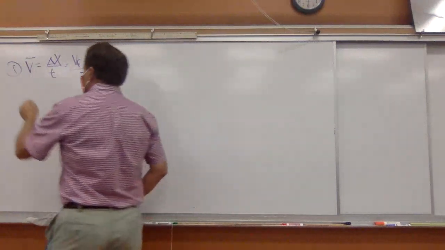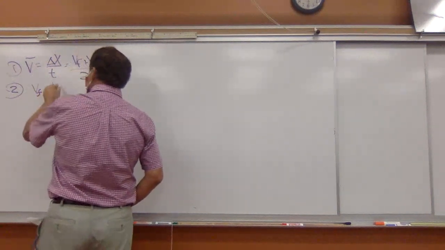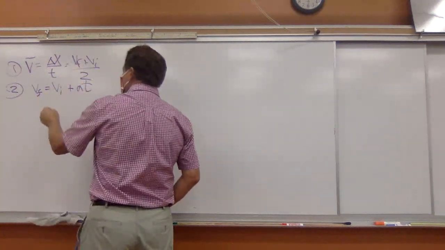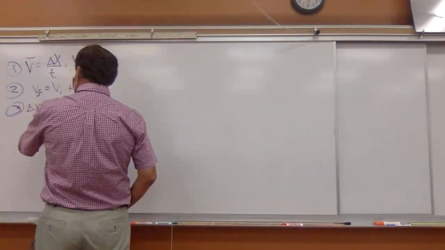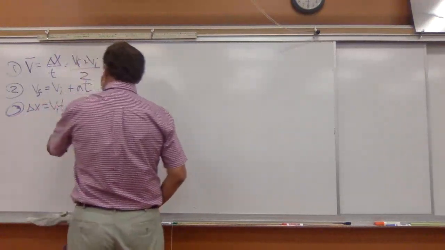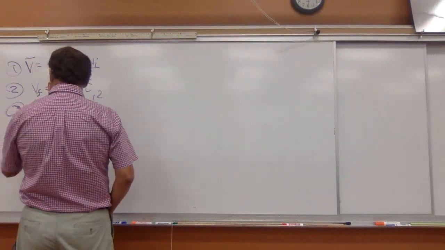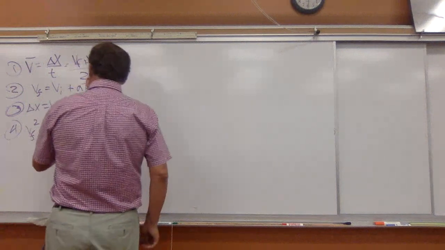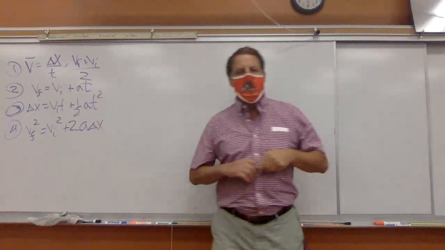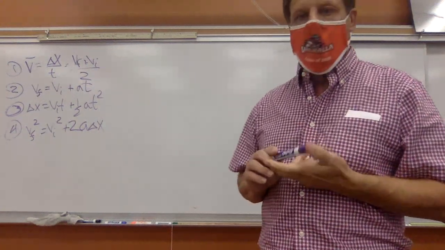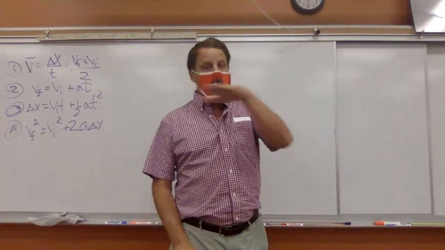Equation number 2 is v final is equal to v initial plus at, and equation 3 is delta x is equal to v_i t plus 1/2 at squared, and equation 4 is v final squared is equal to v initial squared plus 2a delta x. You can see that I've done this all in terms of x, which is obviously going to be horizontal.